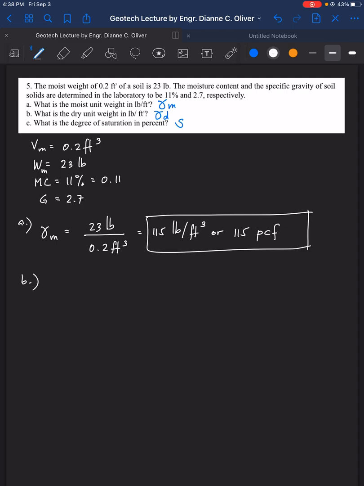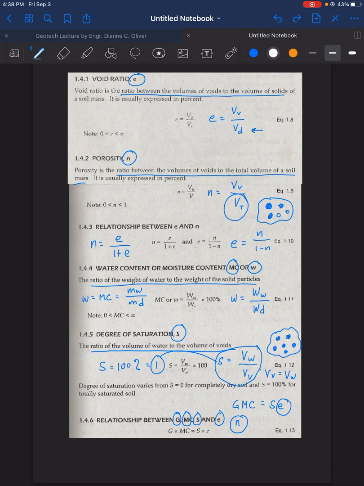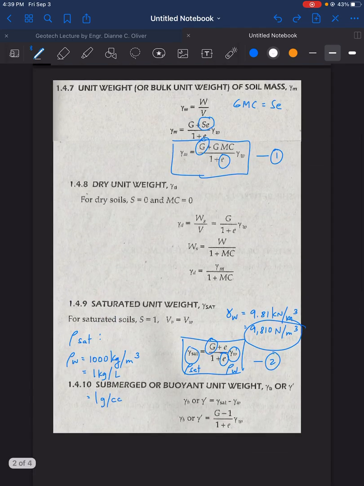Next, B, dry unit weight. So how do we get the dry unit weight? Given moisture content, given specific gravity. We have the formula for gamma D as gamma M over 1 plus MC.